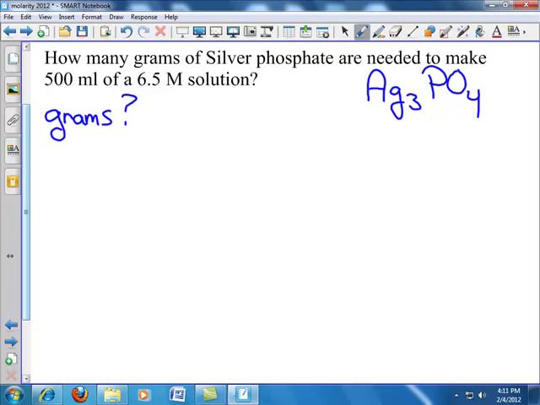Okay, now what you should say to yourself is, well, I have a molar solution, or an equation for molarity, that says I need to take moles divided by liters. So how the heck am I going to find grams from this? Well, the way you're going to find grams from this is you're going to have to think in terms of, can I get grams from moles?